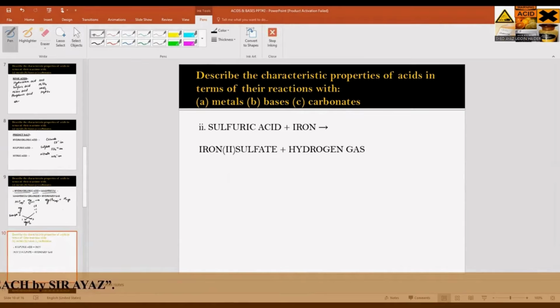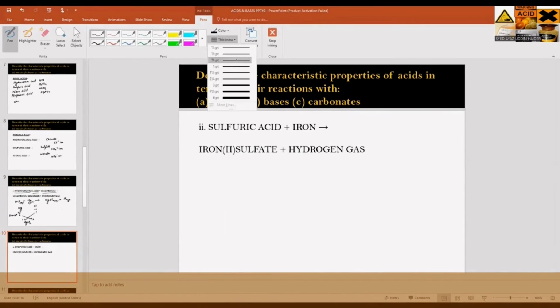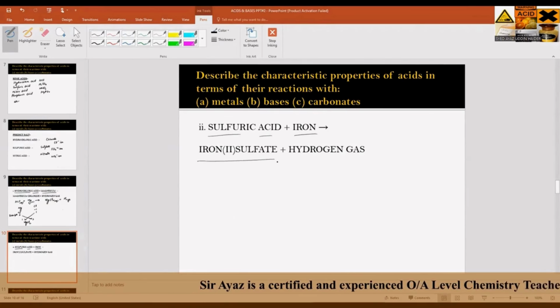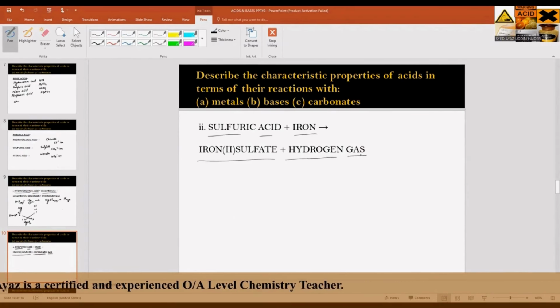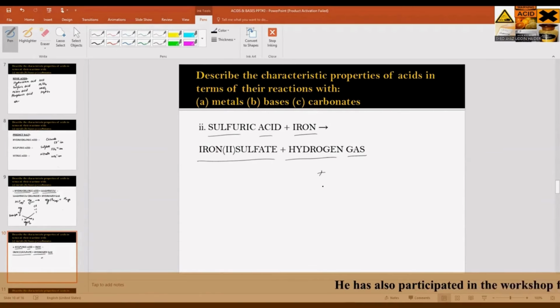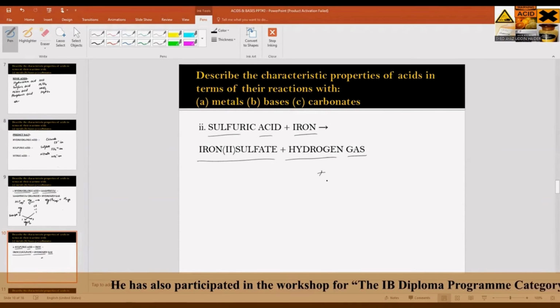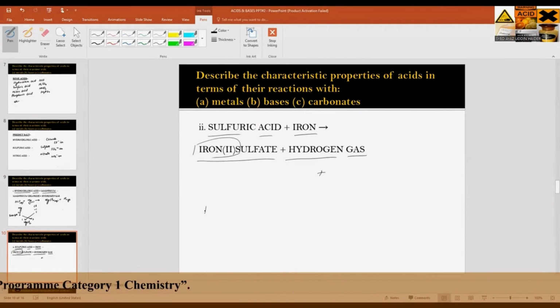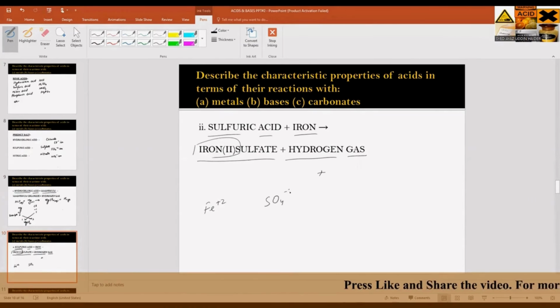Now, this is the reaction between sulfuric acid and iron. The product is iron(II) sulfate and hydrogen gas. Again, you can predict the formula between the sulfate ion, and this time you have the iron(II) ion. So you'll have Fe plus 2, SO4 minus 2.